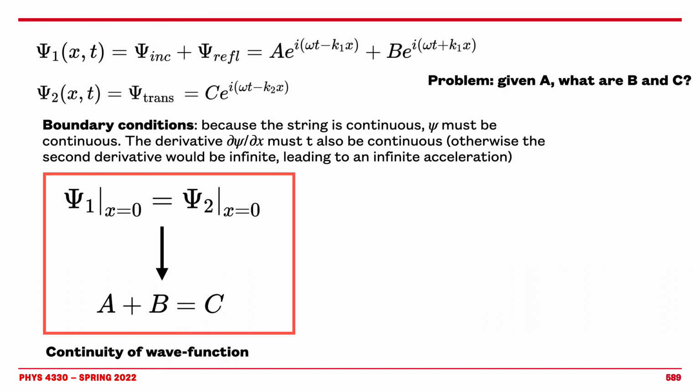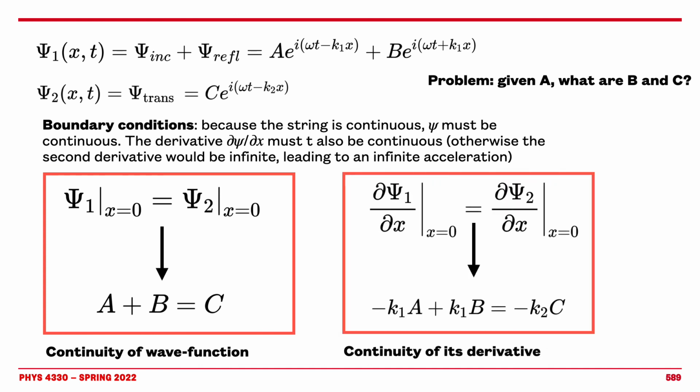In other words, they can be neither infinite nor singular. And so saying that they should be well behaved is the same as saying the first derivative has to be continuous. The first derivative being continuous, which is what's written on the top of the second box there, is the same as saying that the second derivative exists.